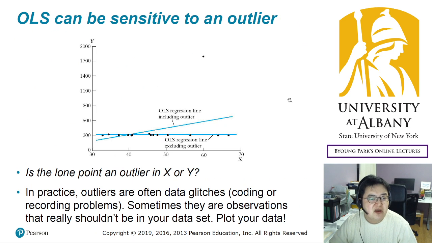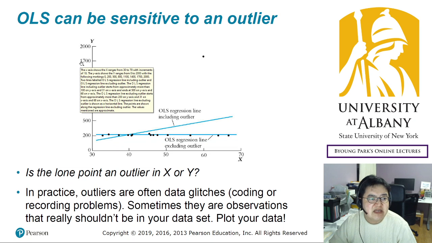For example, if you have a scatter plot, think about this guy, an obvious outlier. You don't need any mathematics. It's an obvious outlier. I believe it must be a typo of 170.